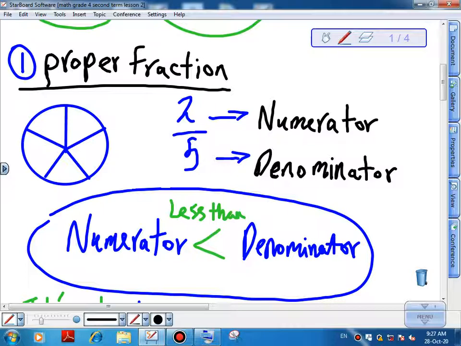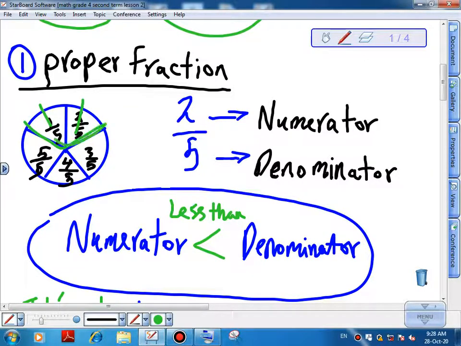If we take the slices, 1, 2, 3, 4, 5 slices. Okay? 1 over 5, 2 over 5, 3 over 5, 4 over 5, 5 over 5. 2 over 5, then we take only 2 slices, 1 and 2.